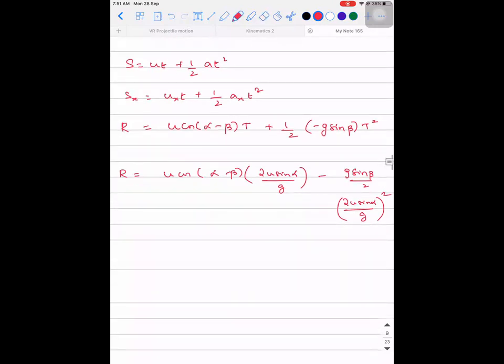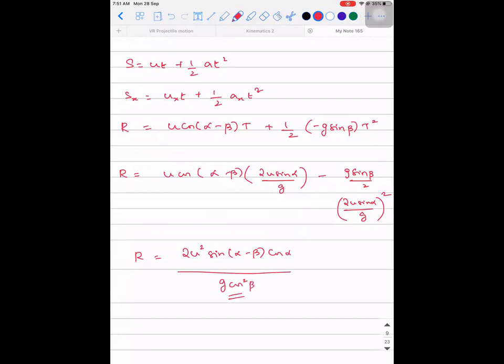Right. So when you solve this, I'll tell you what expression you get. Just a minute. So on solving this, you get R is equal to, write it down, 2u square sin of alpha minus beta into cos alpha, the whole divided by g cos square beta.